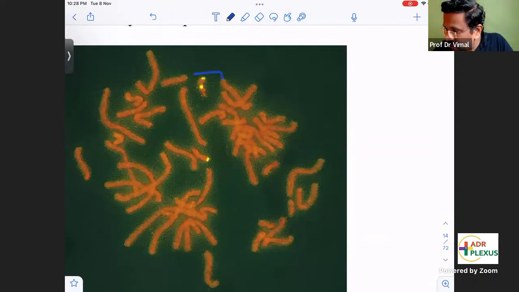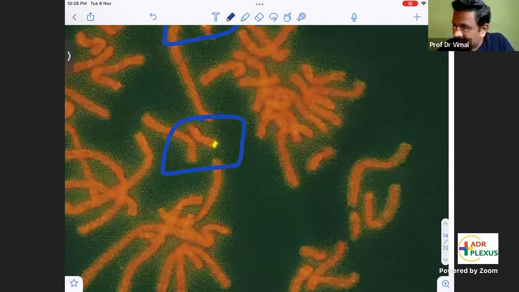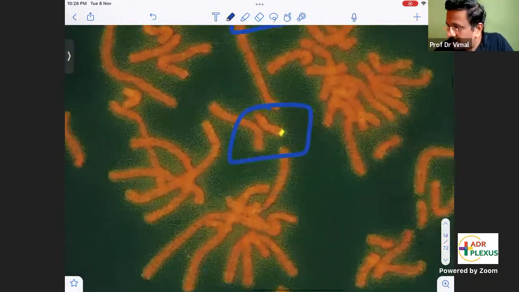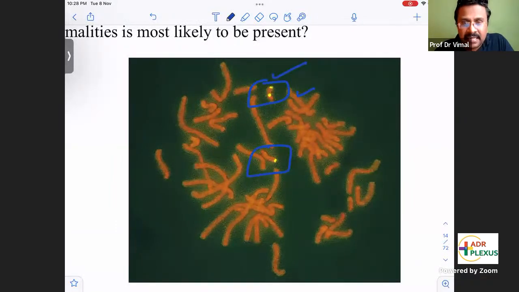In this case, the control probe localizes to chromosome 22, and another probe to Q11.2. But in this chromosome there is only one signal, so there is a deletion of the other gene. Here you can see two signals, and here only one signal.